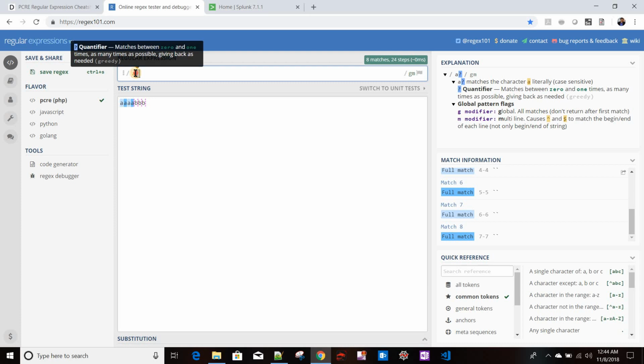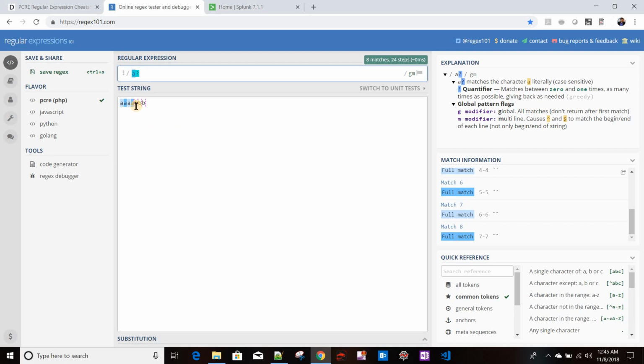Whatever comes before the question mark, it makes that expression optional. If it occurs, it matches one time. If it is not occurring, the regular expression will not fail.